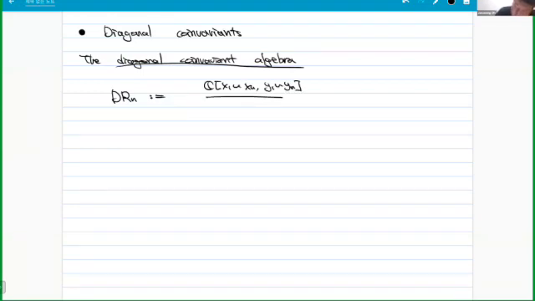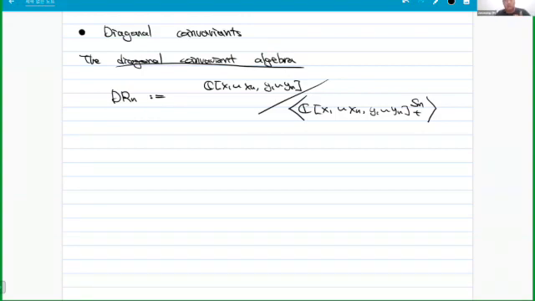Recall that we had an Sn action on this polynomial ring by permuting variables diagonally. We take the invariant part and take the quotient, and we define the quotient to be the diagonal coinvariant algebra.